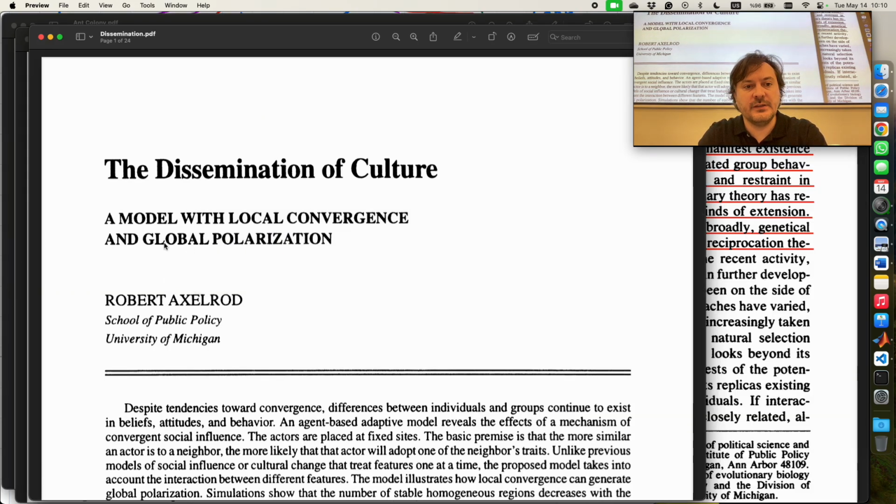But then it also gives you global polarization, because there are villages of alike people who interact with the other village, but since these now have so many things in common, which was happening separately from this one, now there is a global polarization, right?